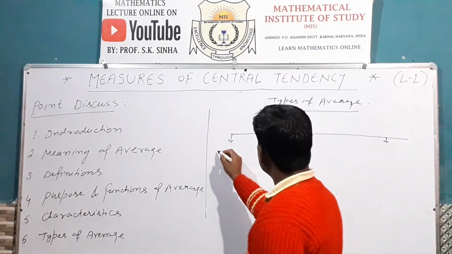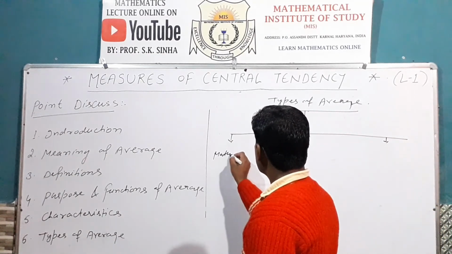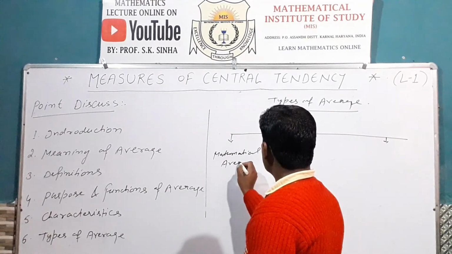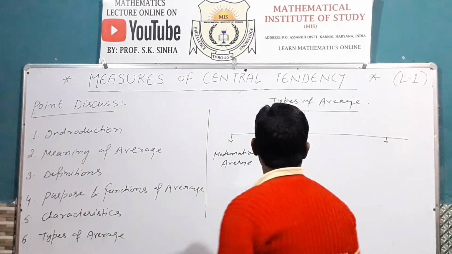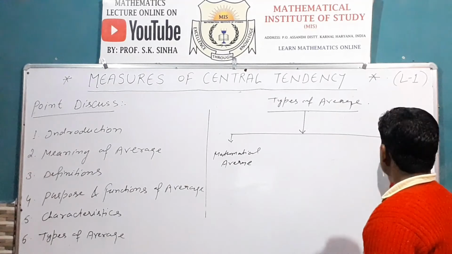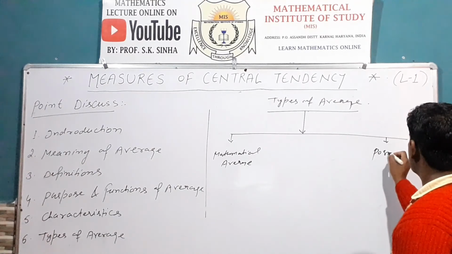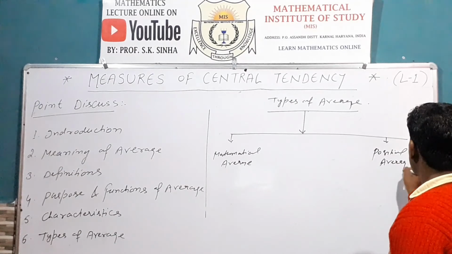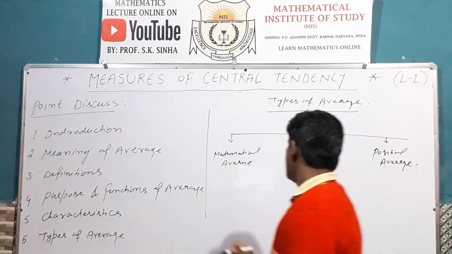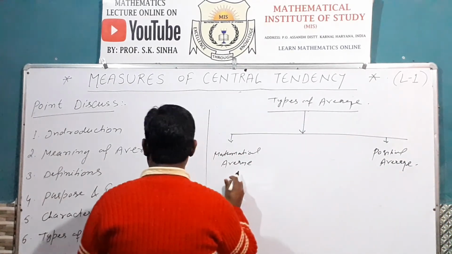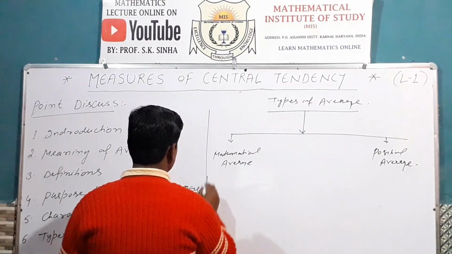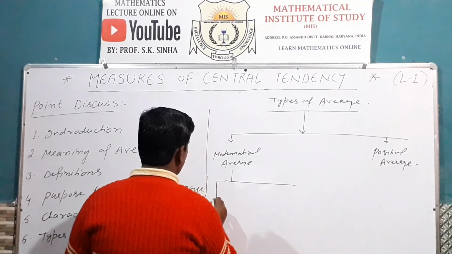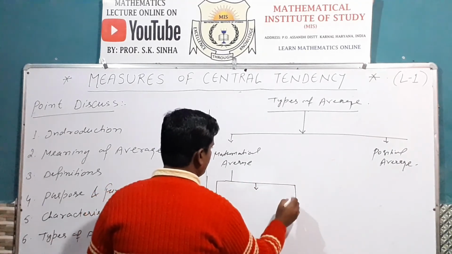Number one, mathematical average, and number two, positional average. Mathematical average is of three types.